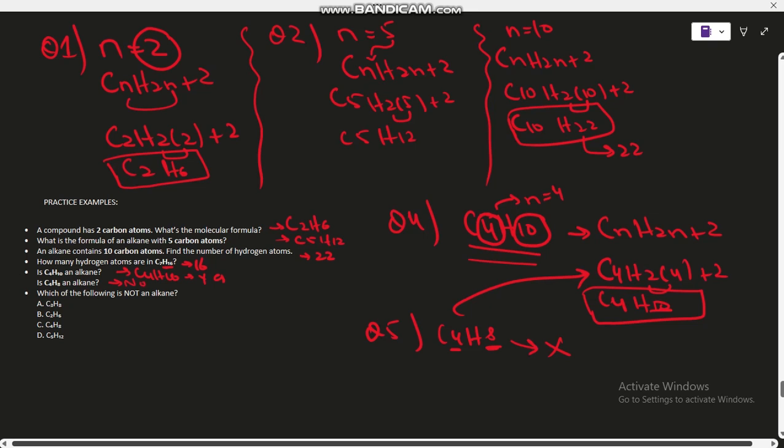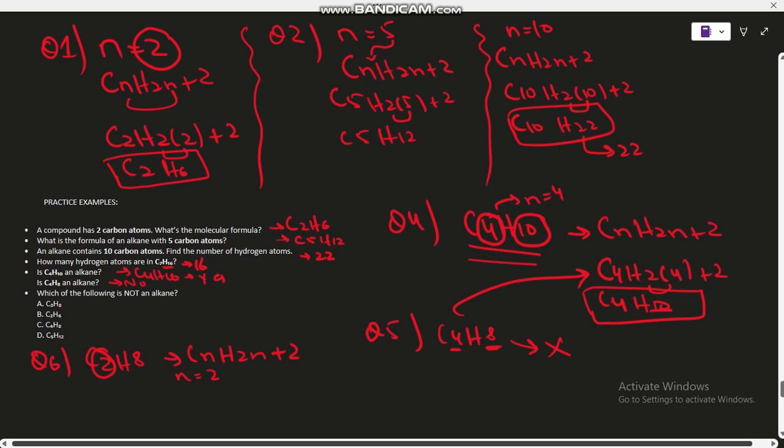Okay, let's look at the last question. The last question says, which of the following is not an alkane? Okay, let's see the first one. So this is C2H8. Again, we know the formula is CnH2n+2. Here it is asking you to identify whether this compound is an alkane or not. So the value of n is 2.